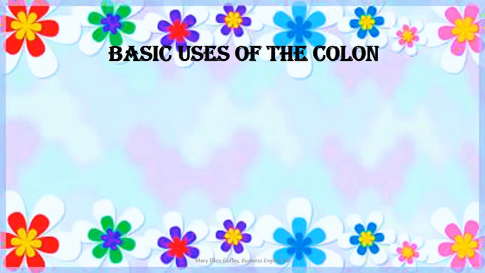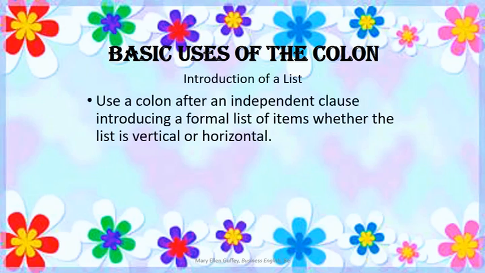Now students, let's check the basic use of the colon. First, in the introduction of a list, we use a colon after an independent clause introducing a formal list of items, whether the list is vertical or horizontal.